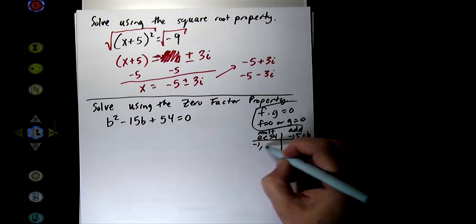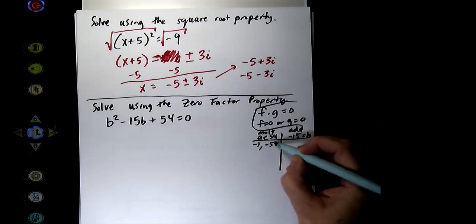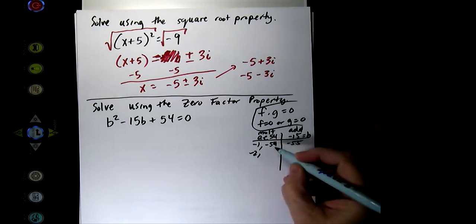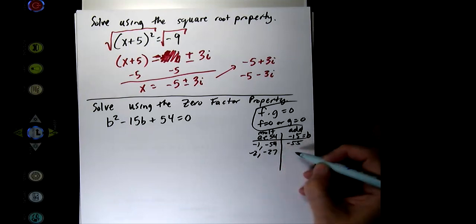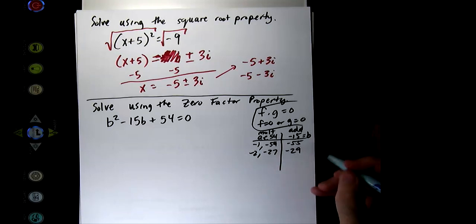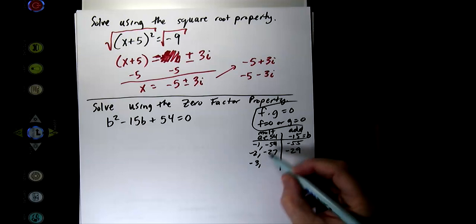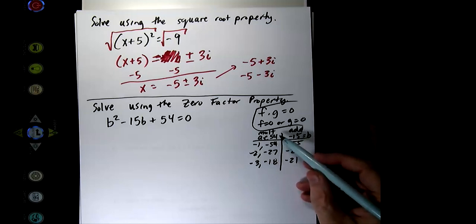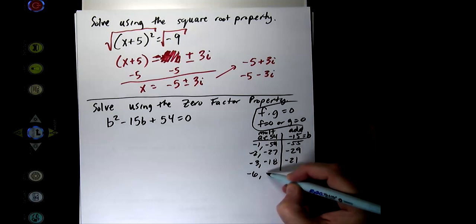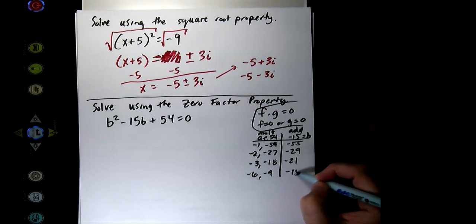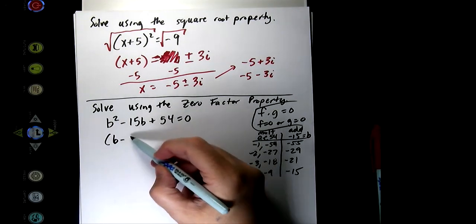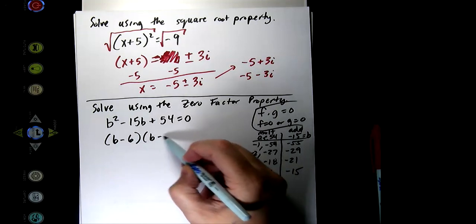So we can just go down the list. -1 and -54 add to -55, that's not it. -2 goes into it 27 times, that's -29. 3 goes into it 18 times, that's -21. 4 does not go into it, 5 doesn't go into it, 6 goes into it 9 times, that's -15. So this factors to b minus 6 and b minus 9.